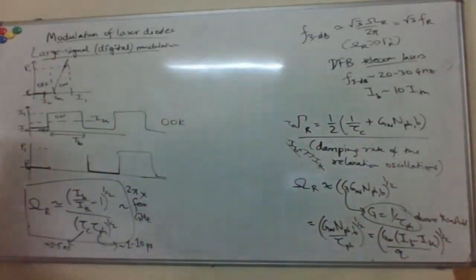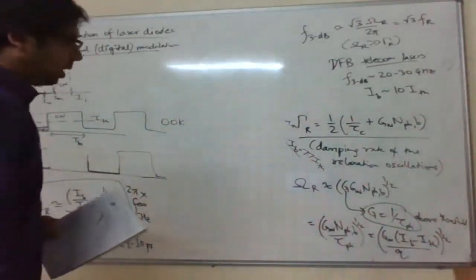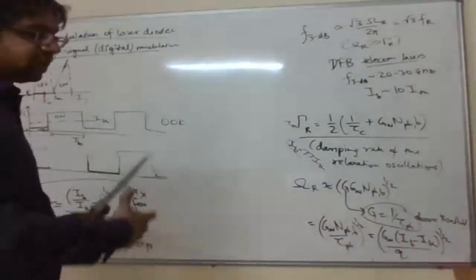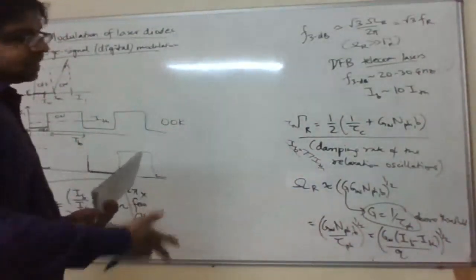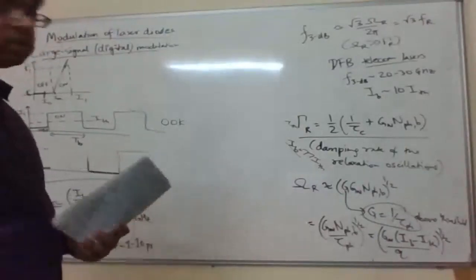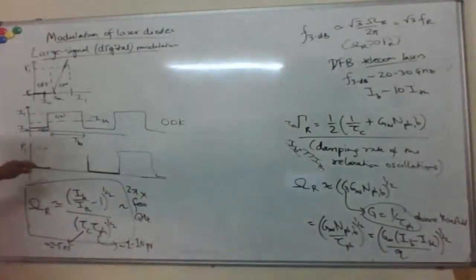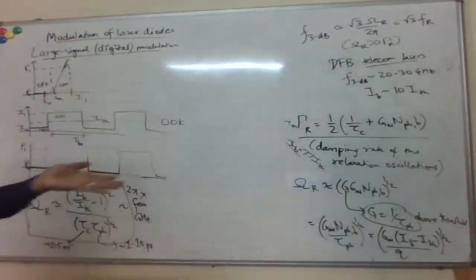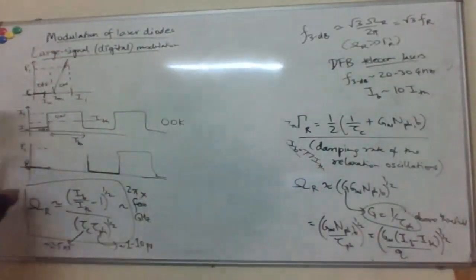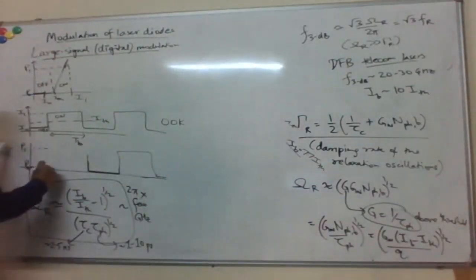If you know from some basic linear systems theory, any system which has a linear finite bandwidth response, if you give a step function to it, the output is not a step function if it has some finite response time or finite bandwidth. What you see is damped oscillations.